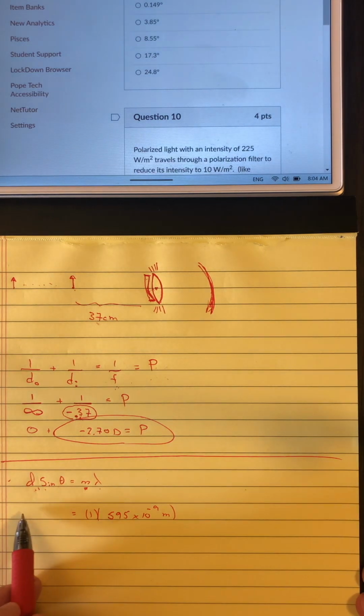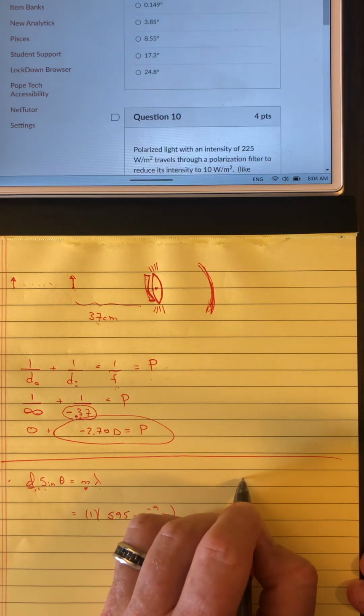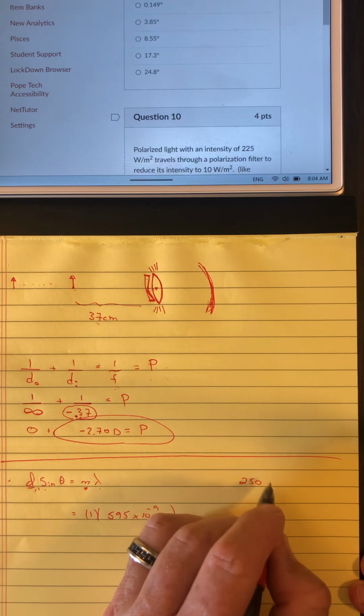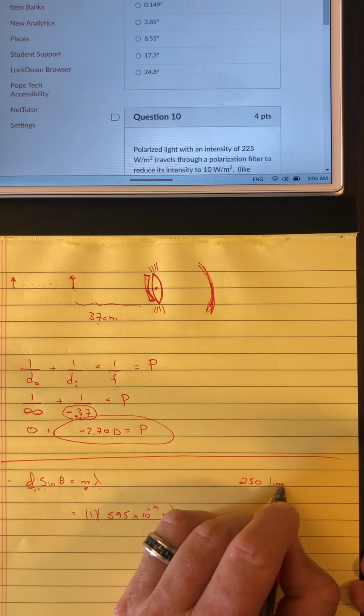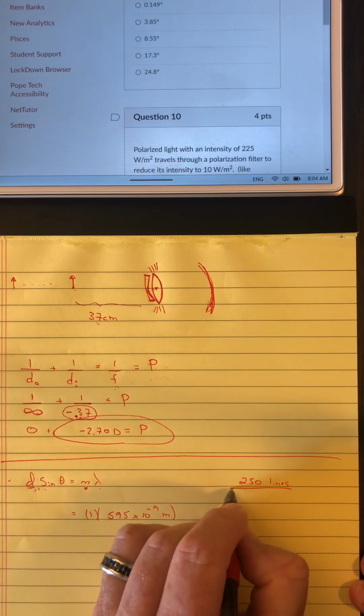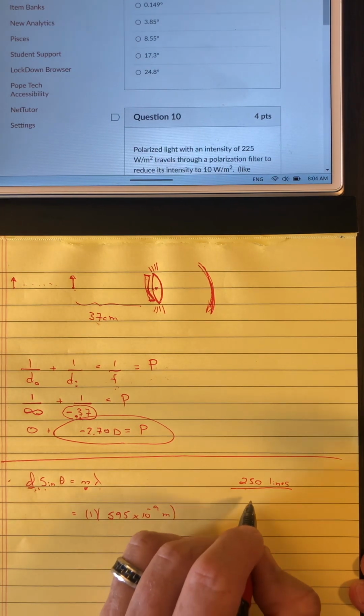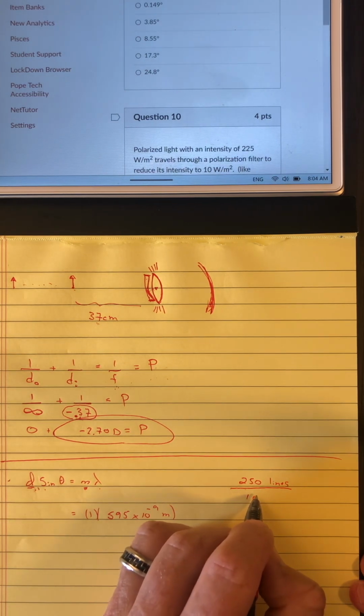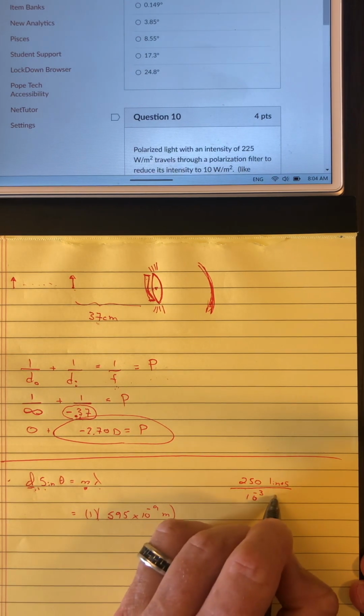Maybe the tricky part here is the d, because this is listed as 250 lines per millimeter.